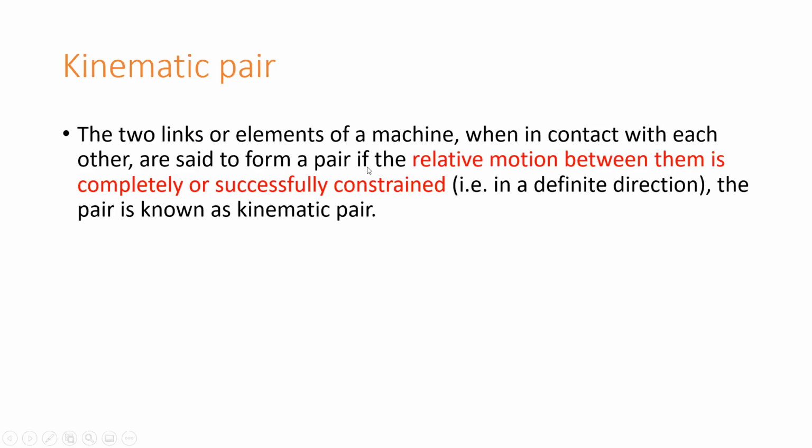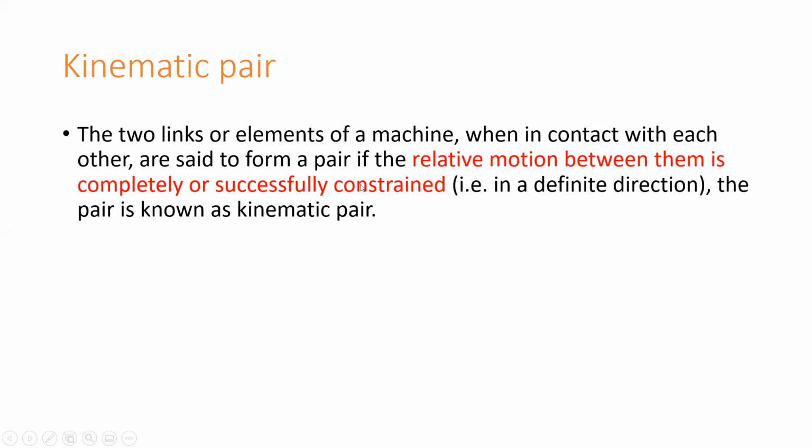Means there should be contact between two elements, as we have seen the piston and connecting rod. They have the contact at one end, and the relative motion between them is completely or successfully constrained.